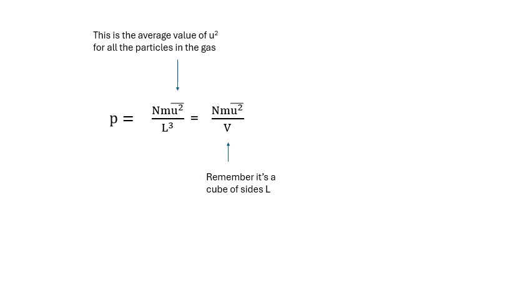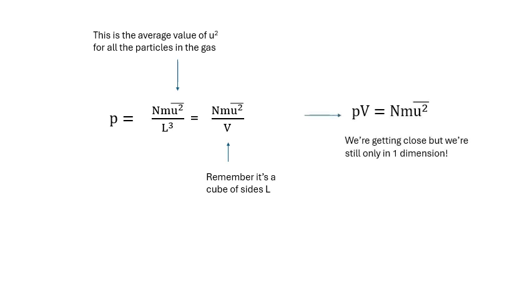And then L cubed, I'm changing that to V, because L cubed is the volume. It's a cube of sides L. So we are up to this, PV equals Nm u squared bar. u squared bar is the average value of u squared. We're still only in one dimension. We've got to get three-dimensional.